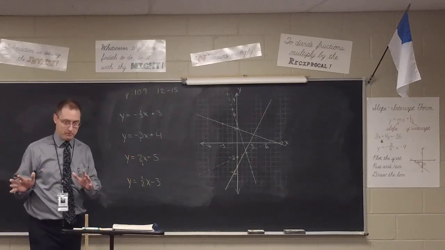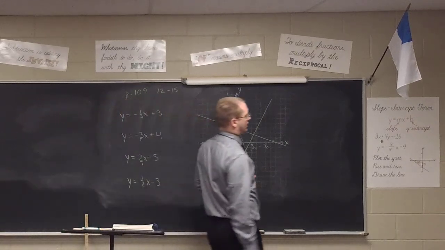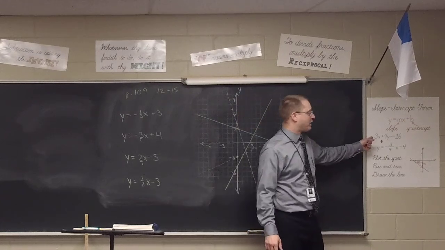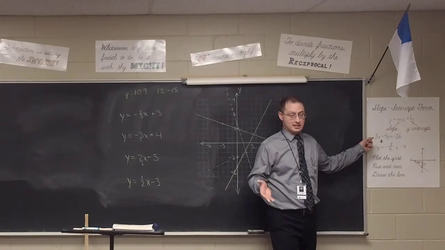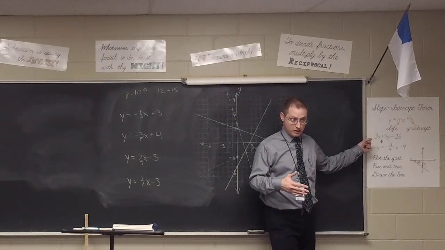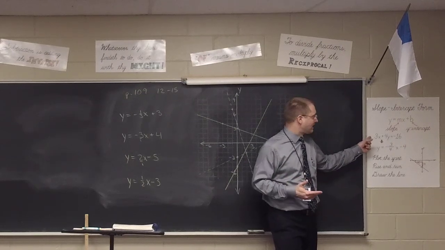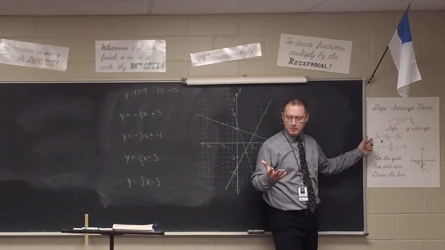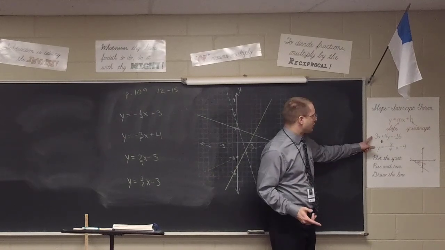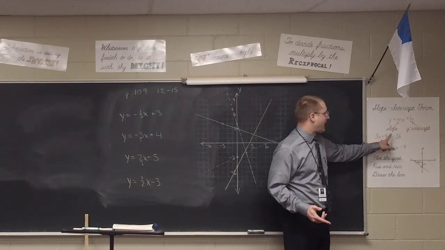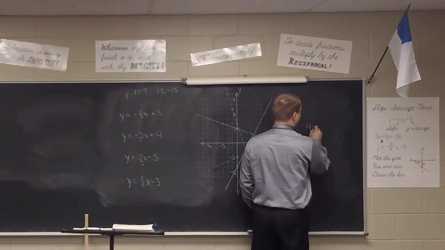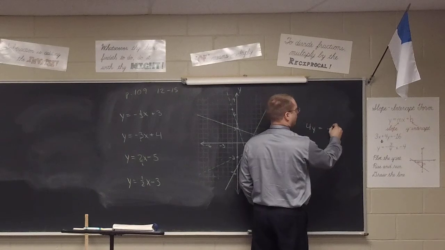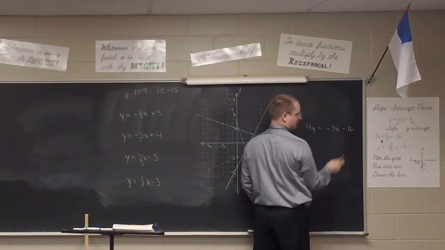Here's the only problem. Not all the equations start out in slope-intercept form. Sometimes you have to get slope-intercept form. But really, to get slope-intercept form, all you're doing is getting y by itself. Like here, the 3x moves over as a negative, so that we initially get 4y equals negative 3x minus 16.